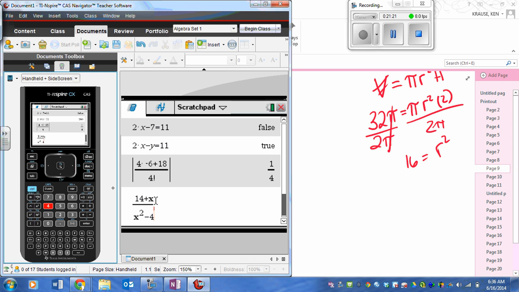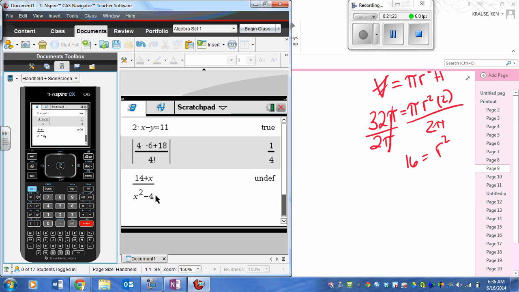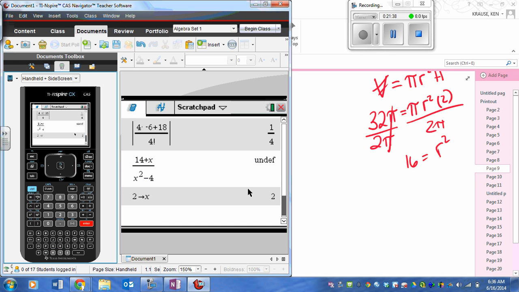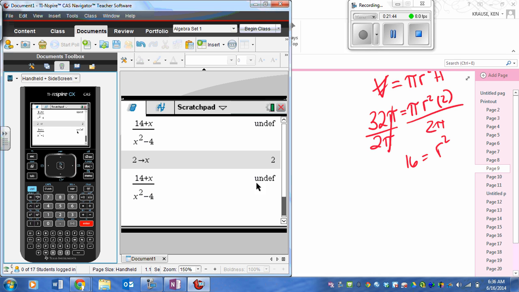This is going to come out with some number. It doesn't really matter. Oh, must be 2's already stored into x because it came up undefined. But if you take 2 and you store it into x to make sure, and then you go up and hit enter, it comes up as undefined.